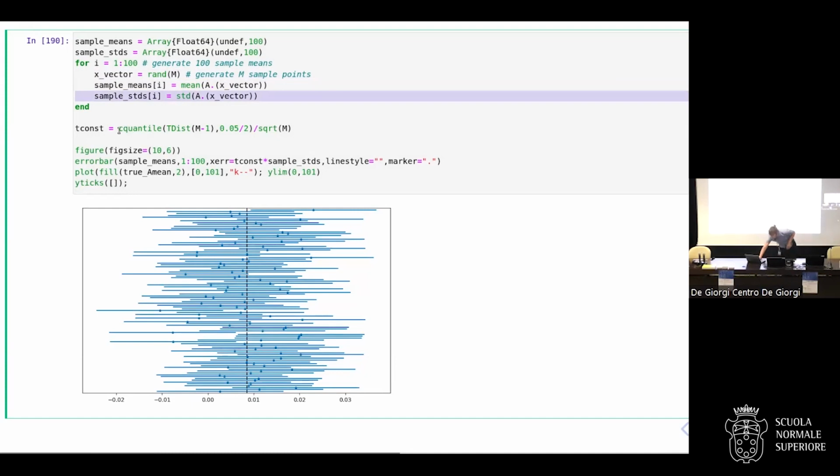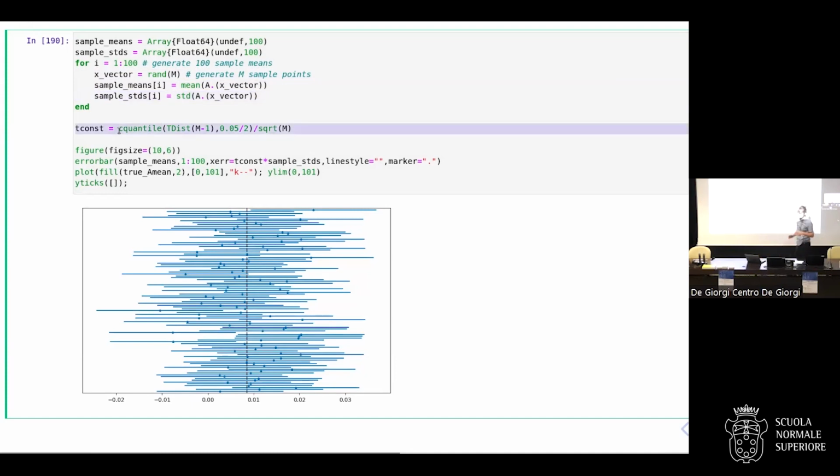Then we compute this quantile here, which is the amount we need so that, oh, 0.05, is it? So it's this guy here.